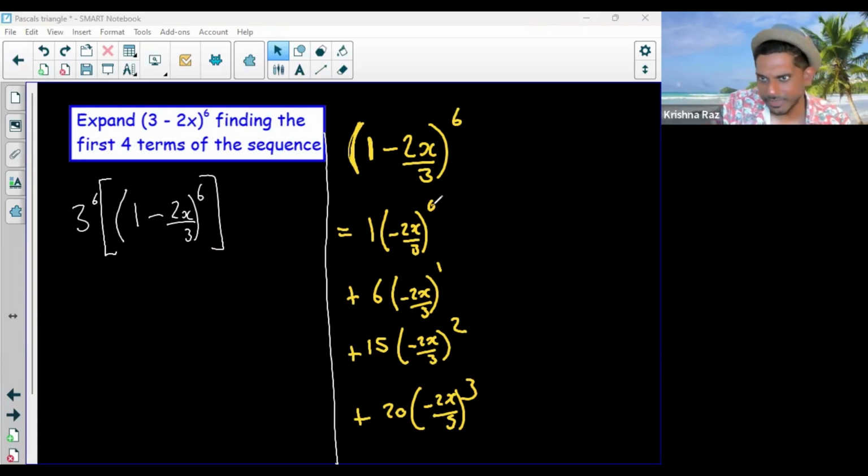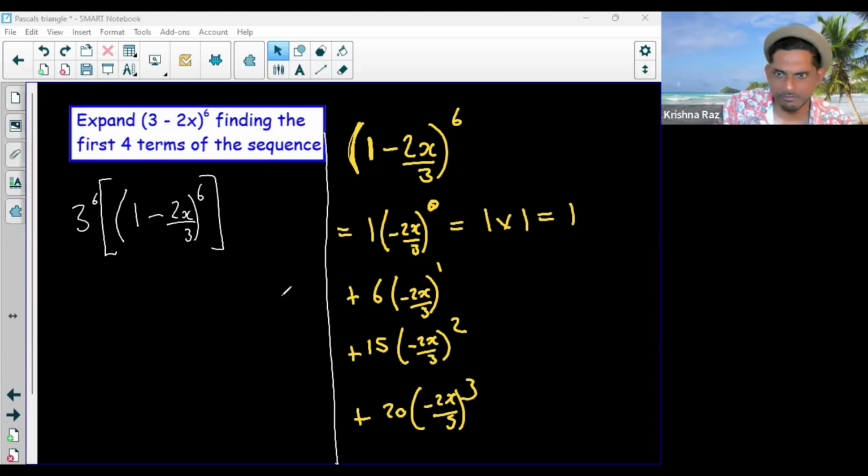Anyway, if we simplify that, we're going to get 1 times 1, which is 1. So that's our first term. And then here we're going to get 6 times minus 2/3 x, which will give us minus 4x.